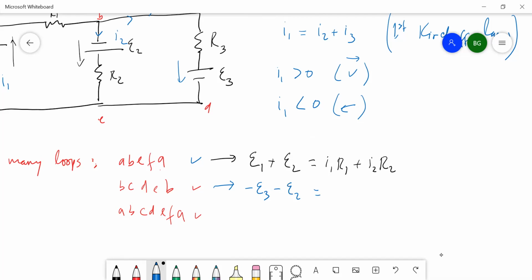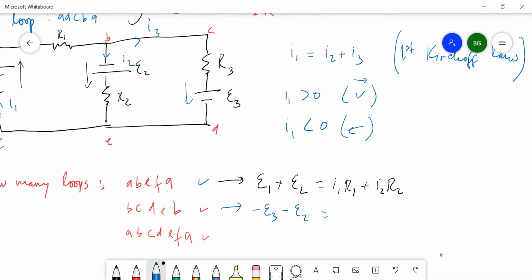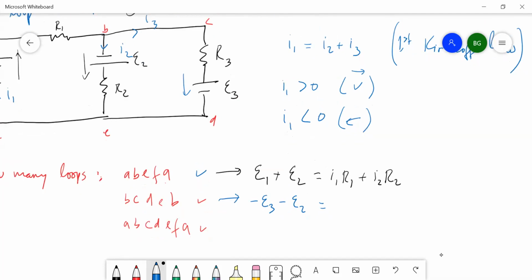So the current is in the same direction as the loop. Okay, so this I3 is positive times R3, but I2 is the opposite. So this is minus I2 R2.